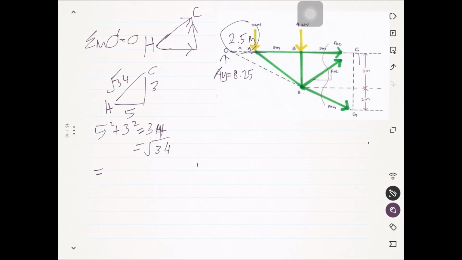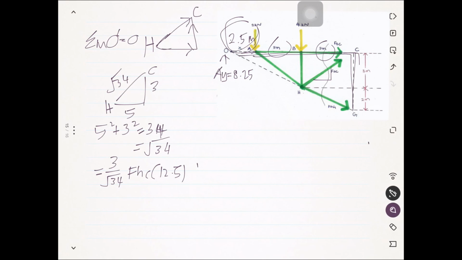Then we start with the y-axis component of HC, which is 3 over root 34 times FHC, the unknown force that we want to find, times the perpendicular distance, 5 plus 5 plus 2.5, which is 12.5.